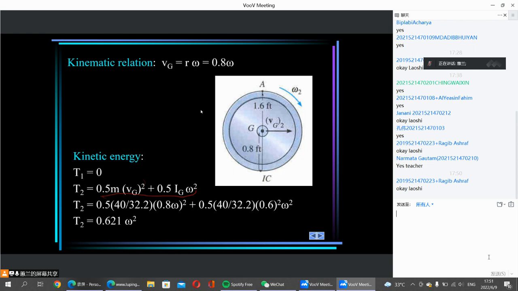It's not recording. Okay, so here is the example where we just apply work and energy to find out the angular velocity, and also we apply equations of motion to find out the acceleration, angular acceleration, and the friction force. Okay, so we will continue our study. Sorry, what's wrong here?